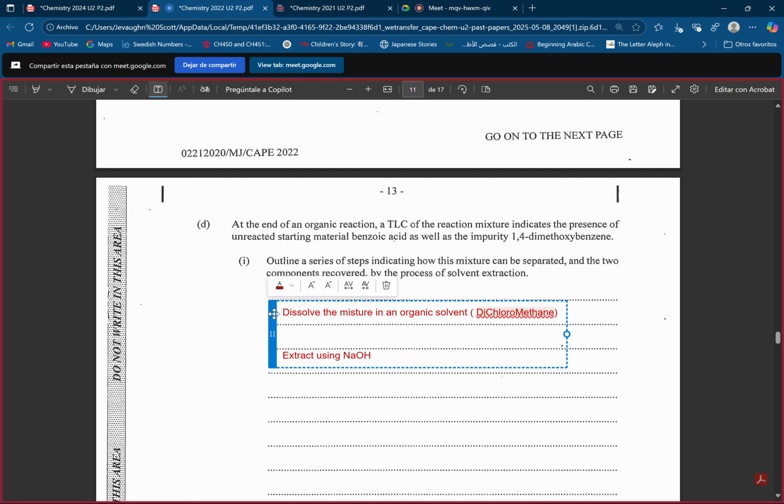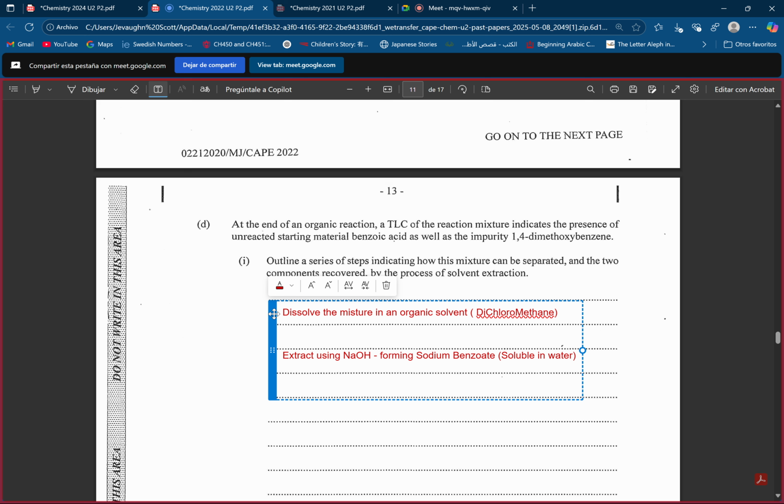If we use sodium hydroxide, we're going to form sodium benzoate, which is soluble in water. So we have those things so far.